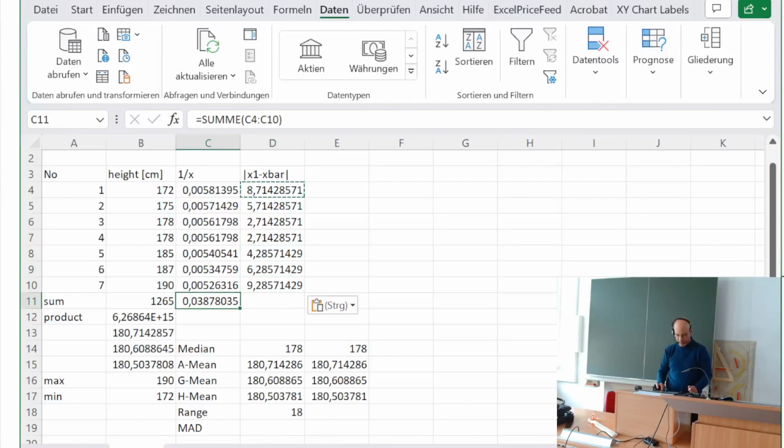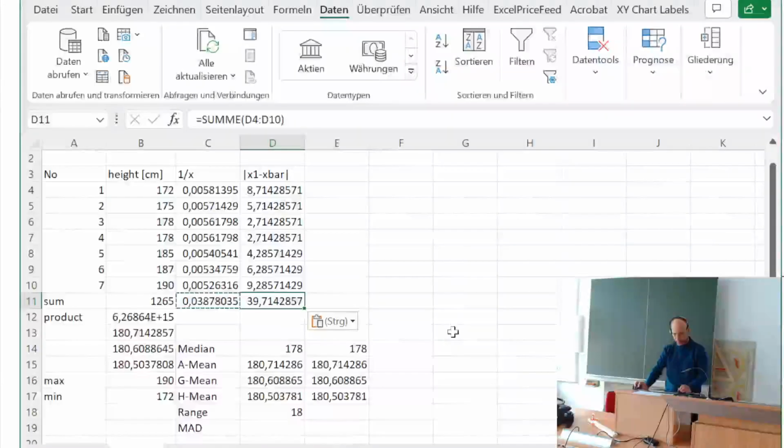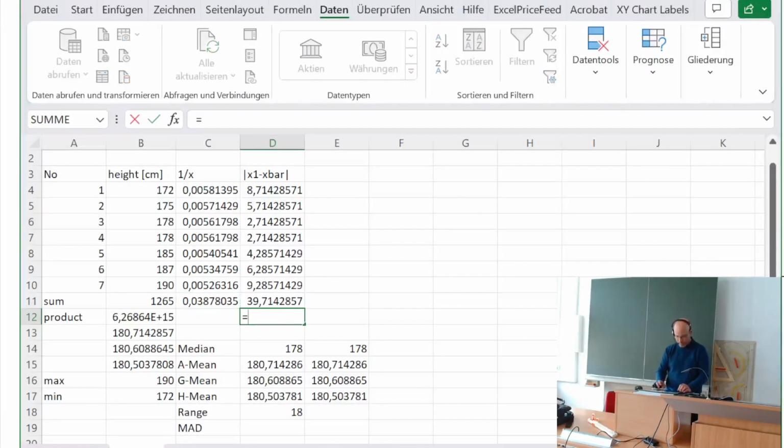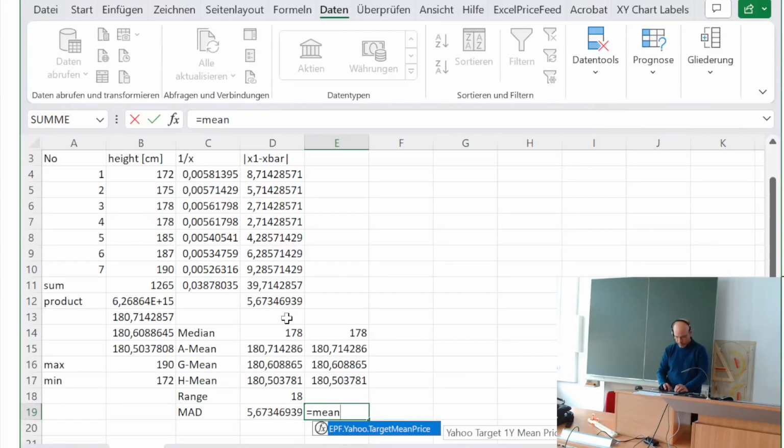Again, we need the summation, and this number we have to divide again by the amount of our sample. So this one divided by 7 would be 5.67, and hopefully, mean average.